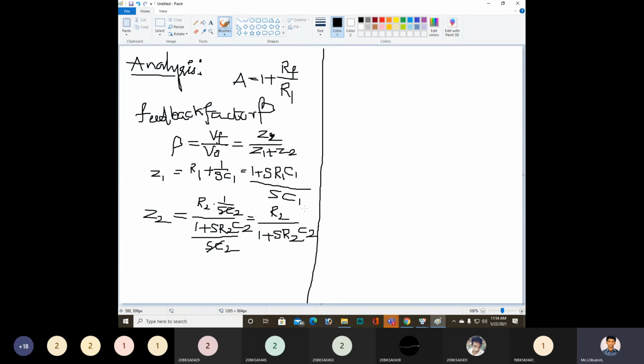Substitute these two values in the beta equation, the feedback factor. Substituting the Z1 and Z2 values, what will you get?